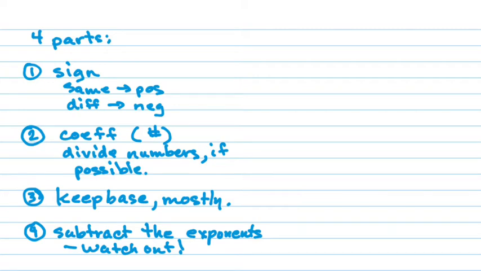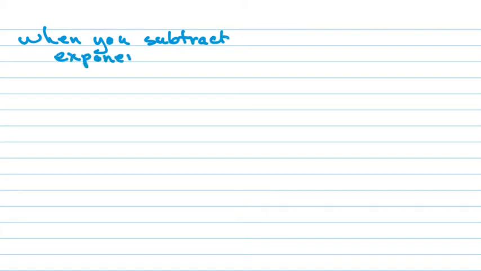Now, not all of these things will happen to you at this level, but you need to be prepared just in case. Okay? So let's turn the page. When you subtract exponents, you need to make sure that it's always the exponent in the numerator minus the exponent in the denominator.